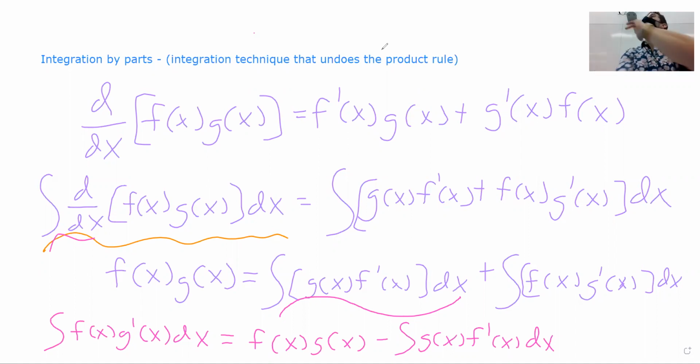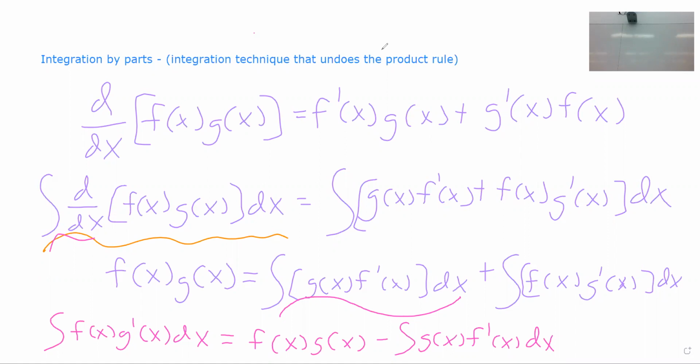Yes, ma'am. So what happened was, in the second line, we started with that first equation of f times g equal, and then took an integral of both sides.